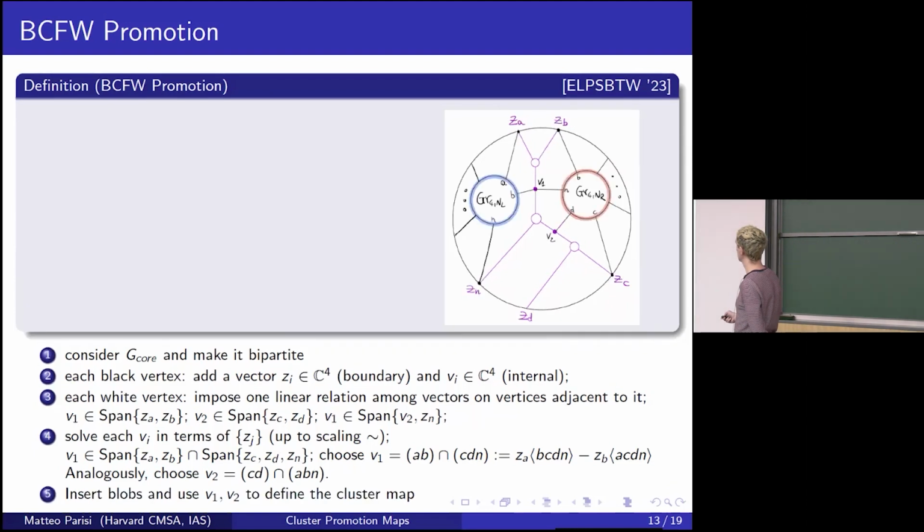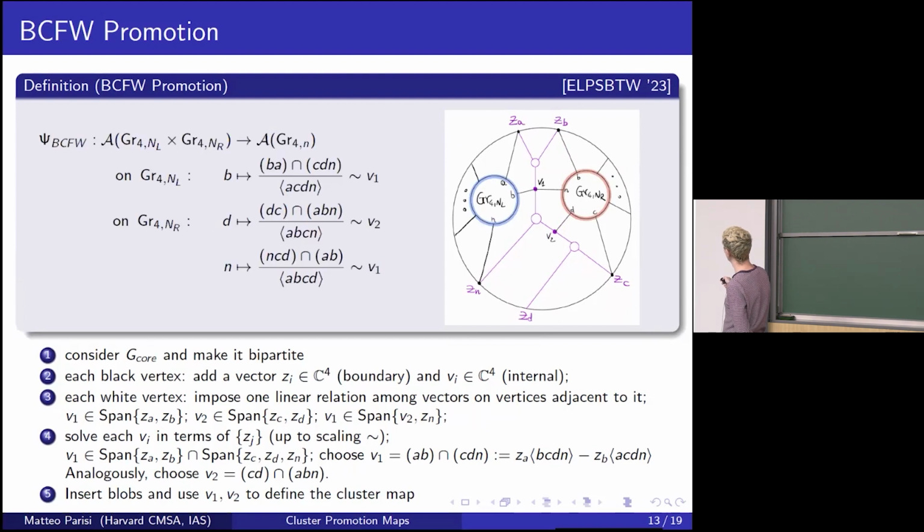And then I want to use this to define a map. So I put some blobs on the left and on the right, and I define a map on the left Grassmannian and a map on the right Grassmannian by basically substituting the column vectors in the Grassmannian here with the vectors that I found at the corresponding vertex. And similarly here, I read the columns in this Grassmannian, and I substitute them with the vectors that I have attached to the boundary vertex.